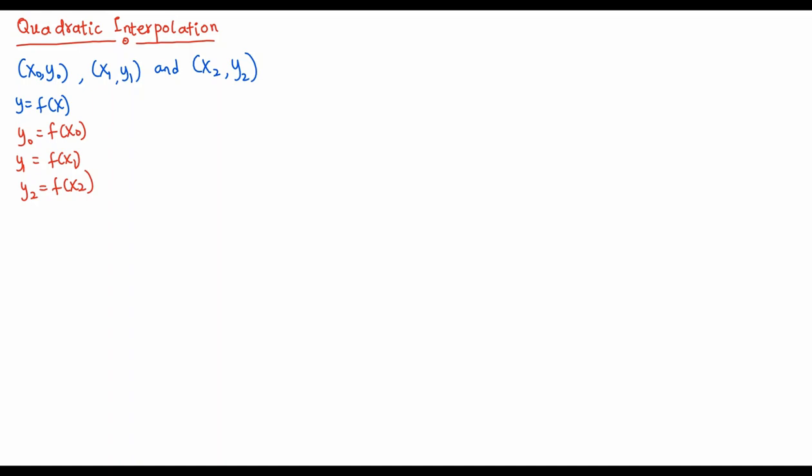Okay, so at this point you are going to assume a function which will pass through all these given data points, just like we did for the first order polynomial function. So let's look at the form of this function that you are going to assume.